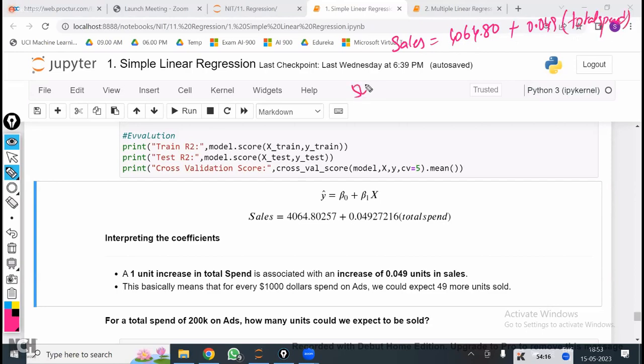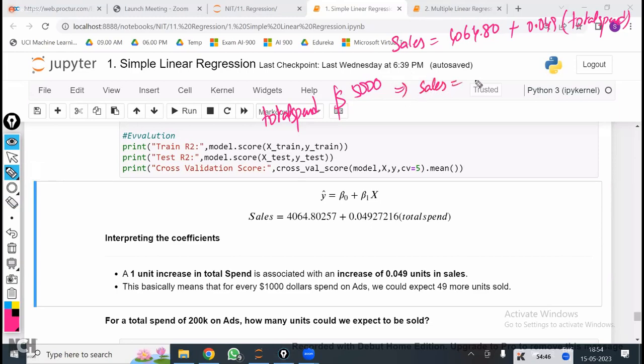First, can you apply 5,000? If my total spend is equal to 5,000, what is the answer, guys? Can anyone tell me? Just open your calculator and tell me the answer. If the total spend is equal to 5,000, what is the sales?